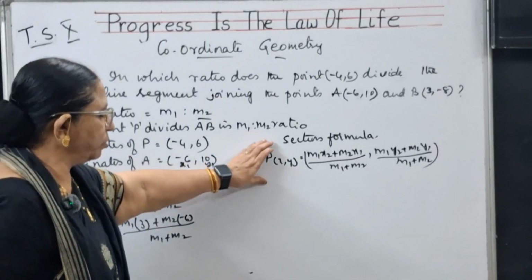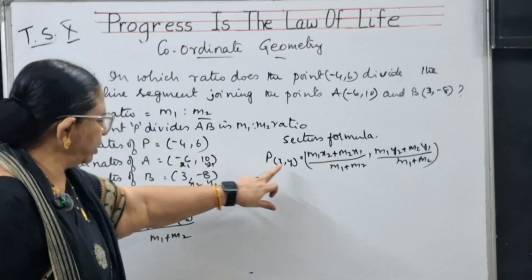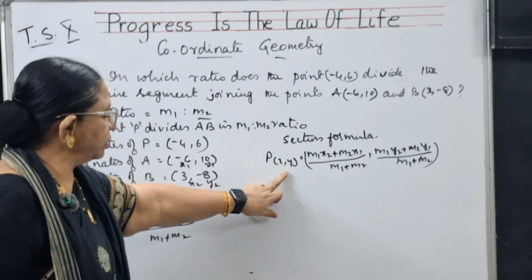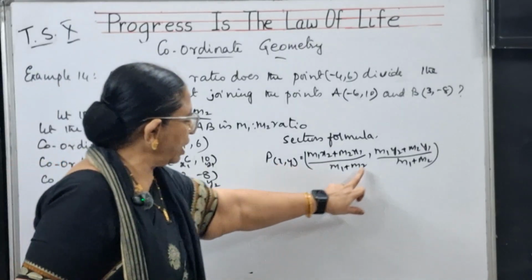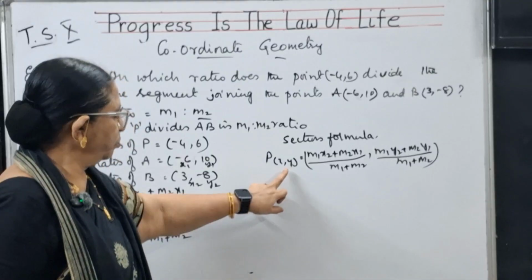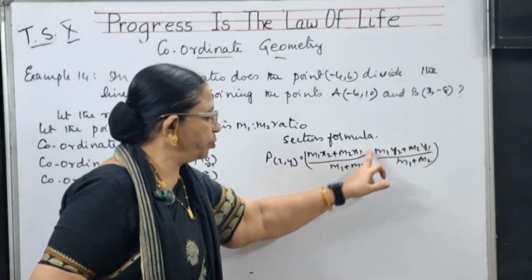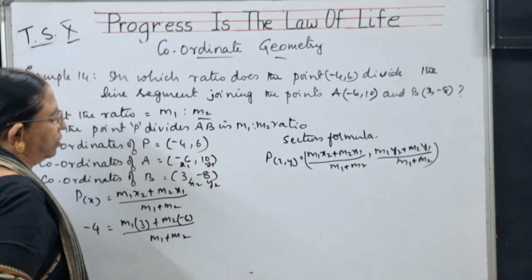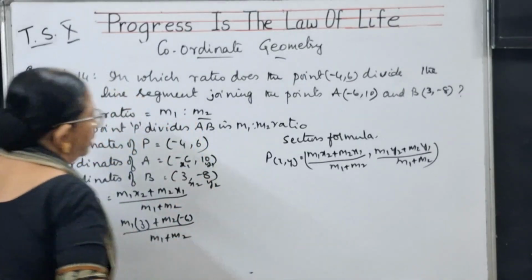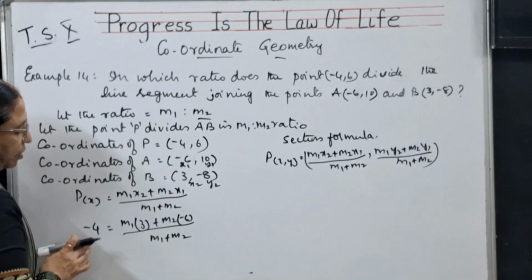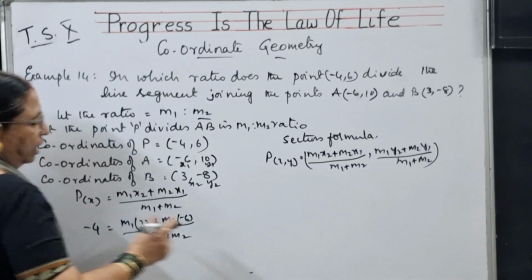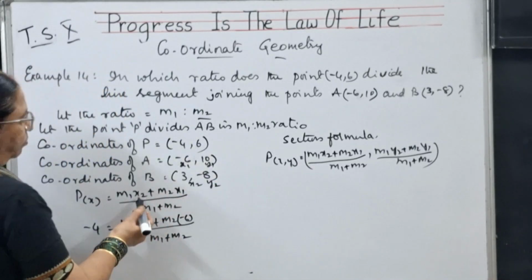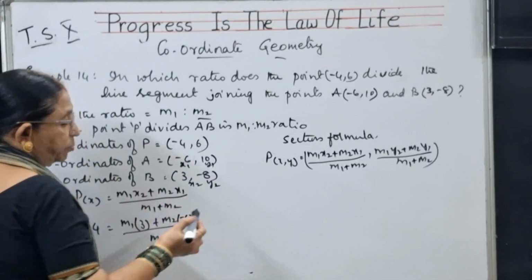This is the section formula. They have given P of x coordinate, P of y coordinate. Means what? P of x means calculation of this part, P of y means calculation of this part, they have already given. So either x or y, we can take and solve this problem. So I am taking P of x, and I should take this formula, m1 x2 plus m2 x1 by m1 plus m2.